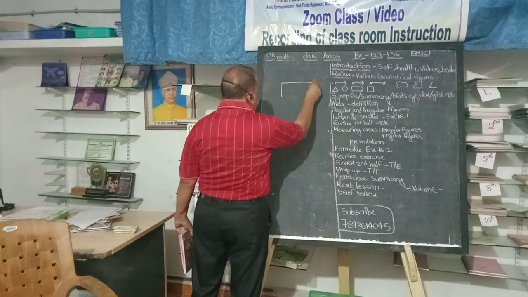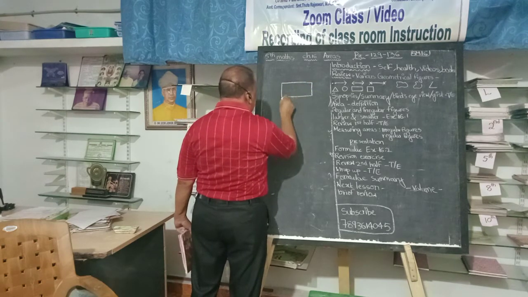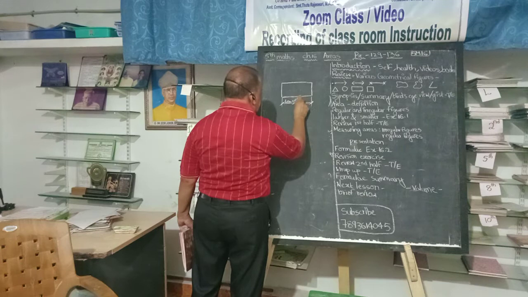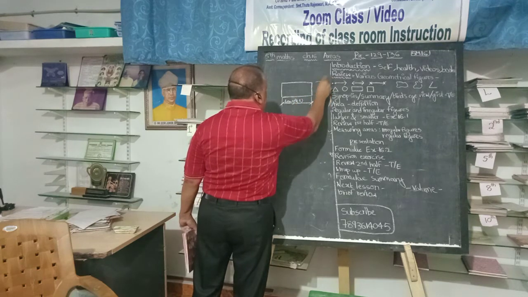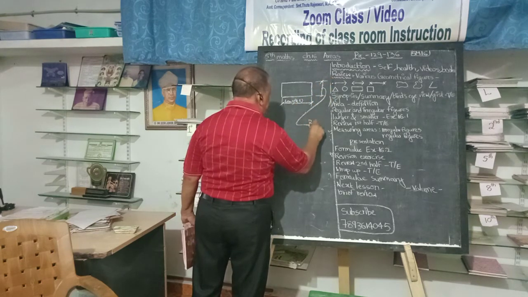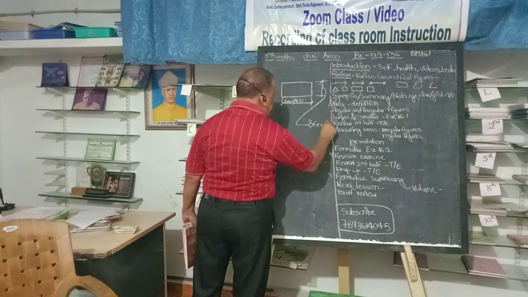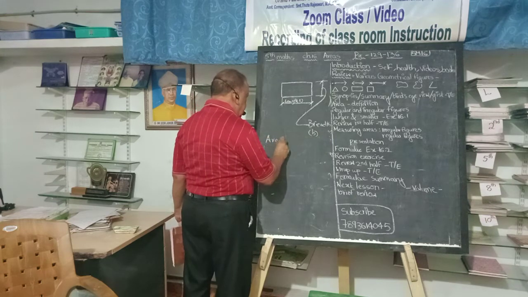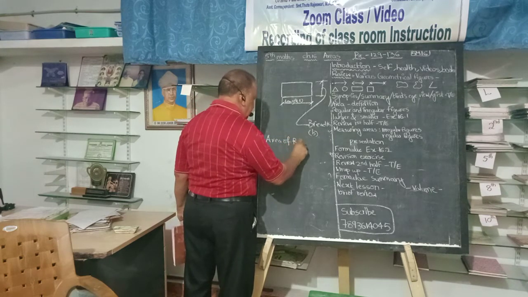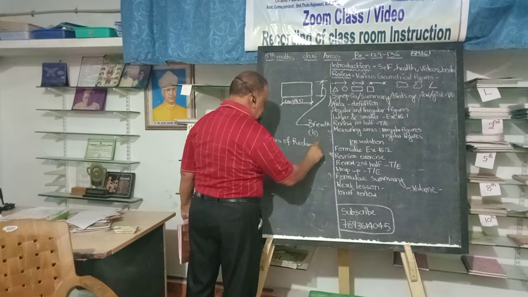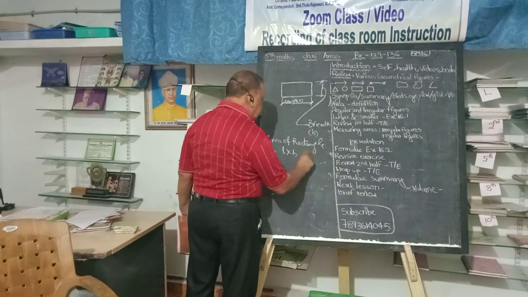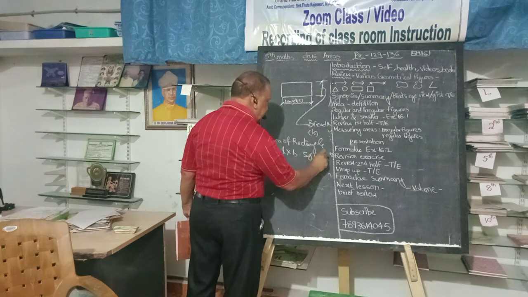Now, a rectangle: you draw it like that. This is length L. This is breadth B. So the area of a rectangle, formula: area of rectangle is equal to L into B, so many square units.